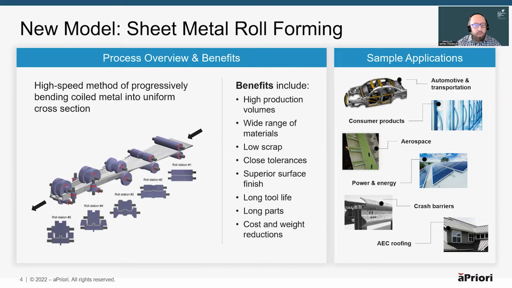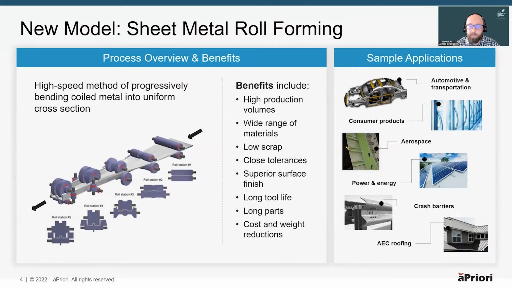You can achieve pretty close tolerances with roll forming. It has a very superior surface finish, so for Class A surfaces, you get a really long tool life out of roll forming. You're able to produce extremely long parts, and this is a way to reduce cost and weight in certain situations.